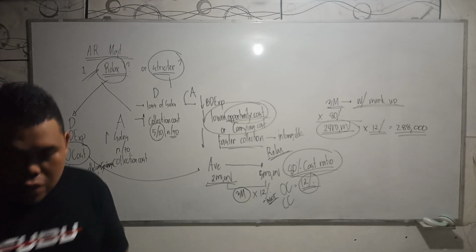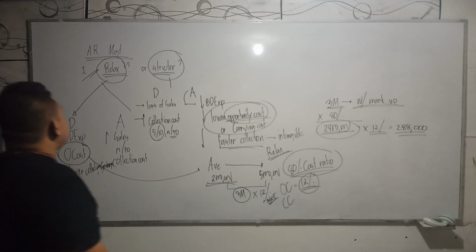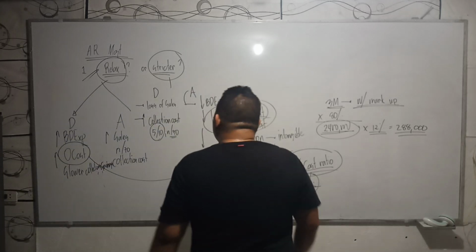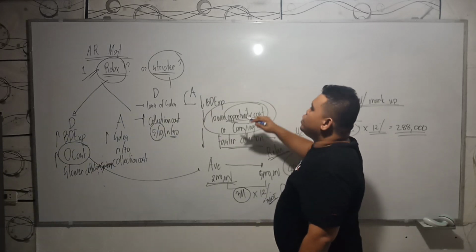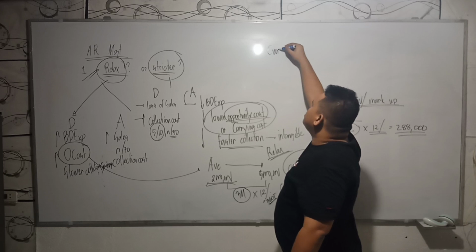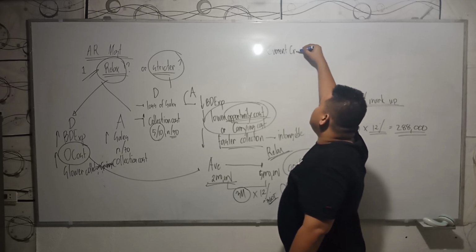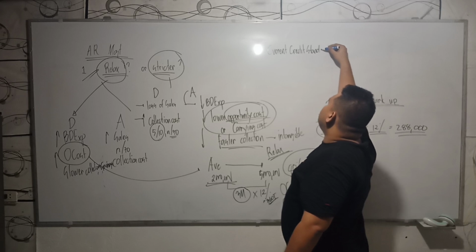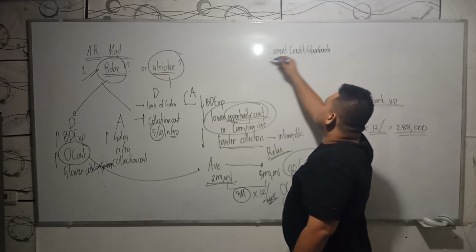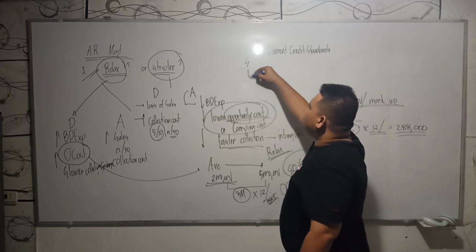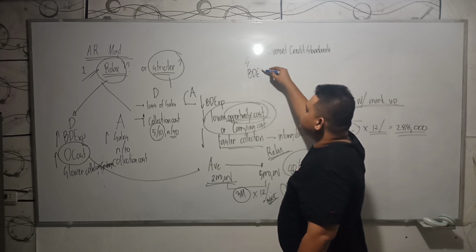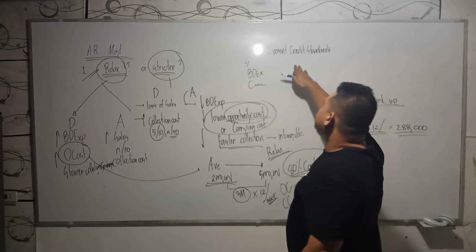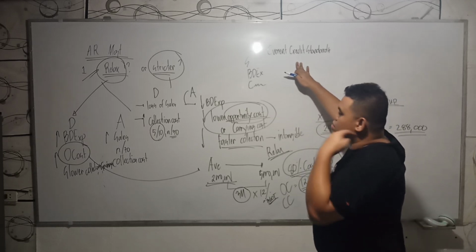Now, when solving problems related to accounts receivable management, first, I will analyze the current credit standards. I would compute the sales, the bad debts expense if ever, the collection cost if we have; everything will be analyzed here in the current credit standards.